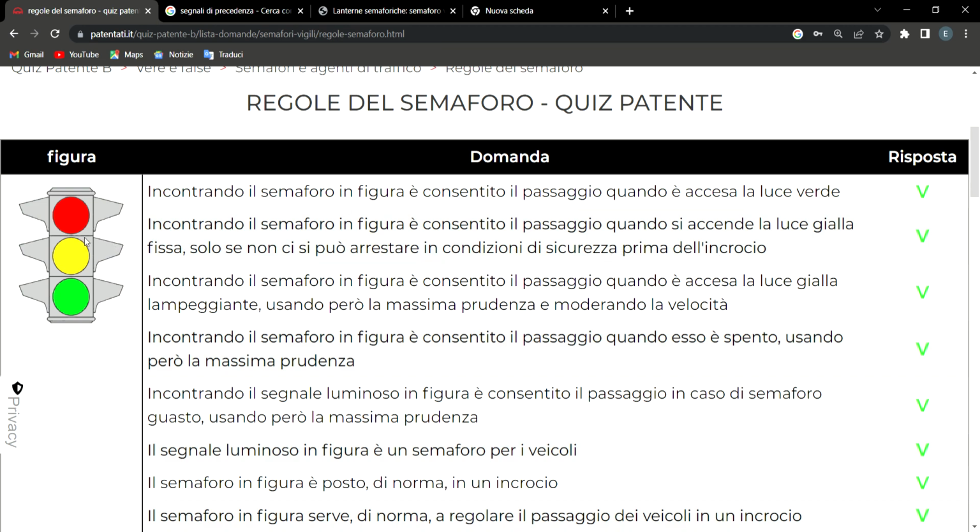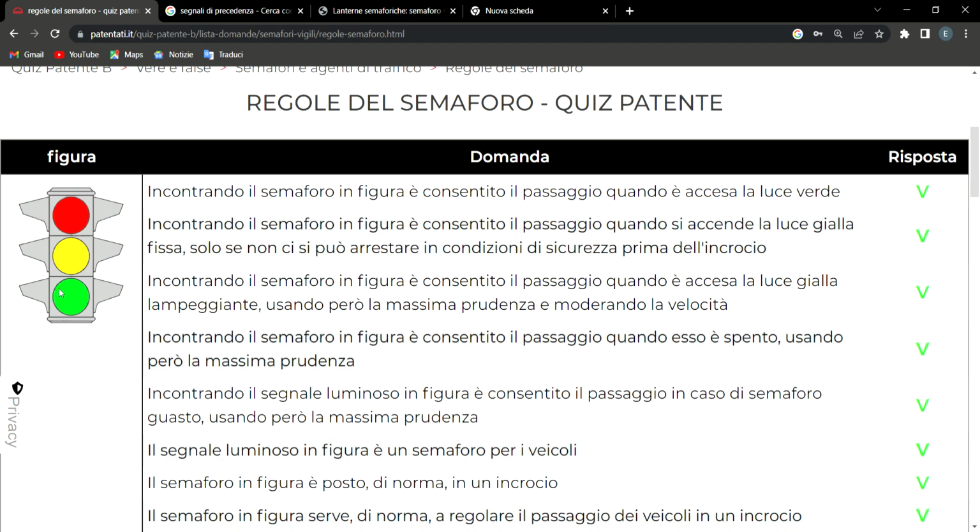You can see it here. It regulates the transit of vehicles in some junctions. So we are talking about semaphore, known as the traffic light in English. You can see it in this symbol.